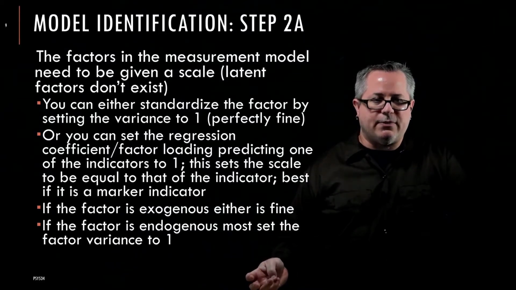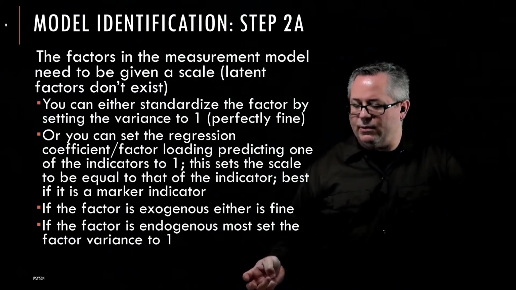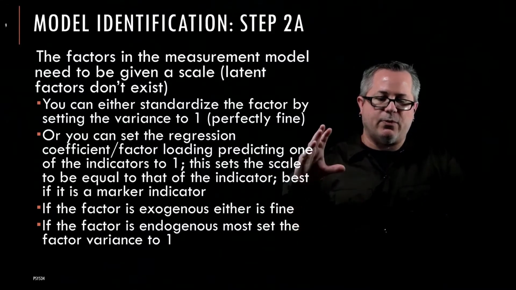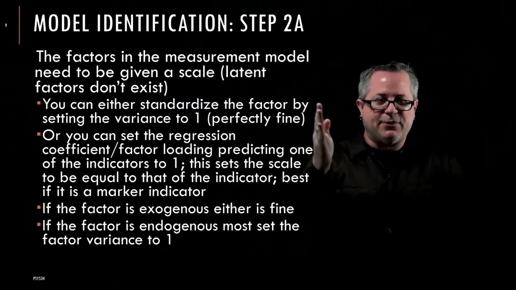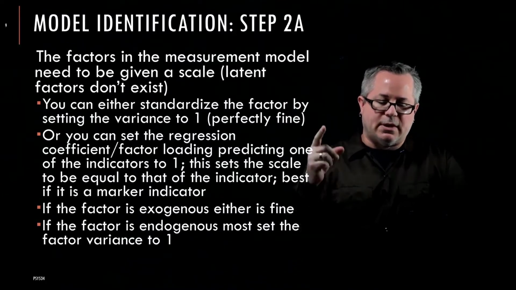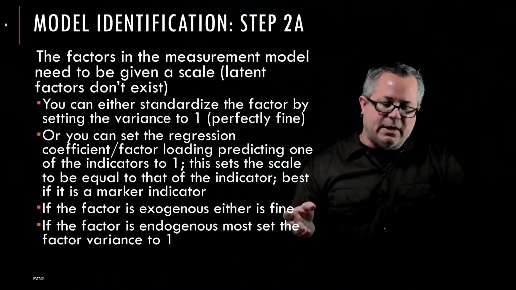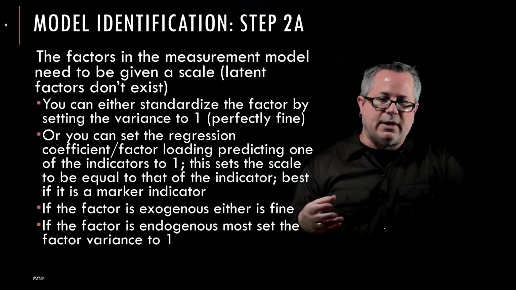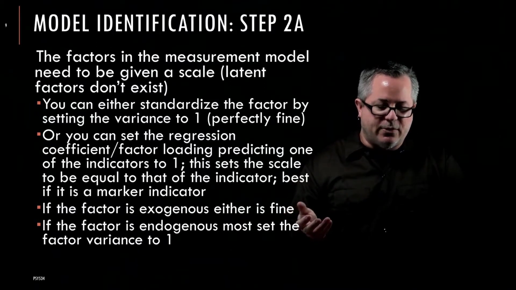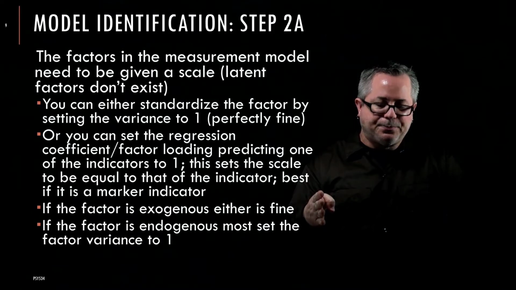Different programs have different defaults. In EQS, the default is unit loading, meaning that it just picks them for you. It's whatever the first item is going left to right in your data set. Whatever the first item is that loads on a factor, that loading gets set to 1. The only downside to that is you then don't get an estimated loading. It doesn't actually estimate an unstandardized loading for you because you're fixing it to 1, and it also doesn't test for significance.